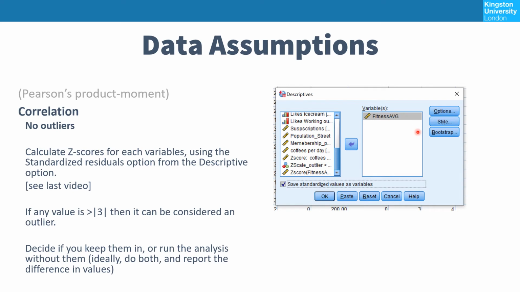You click OK, and then you will have two new columns with the z-scores for the two variables that you care about. And then you would use the procedure I mentioned last time where you would check if any of the values are higher than 3 or lower than -3 on the z-scores. If they are, you can consider them as outliers.